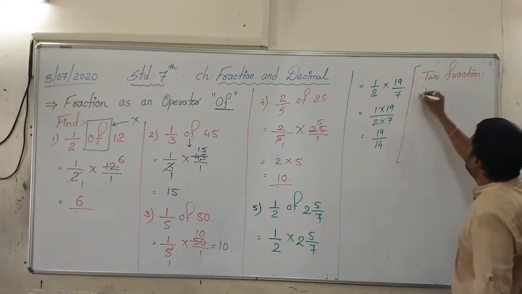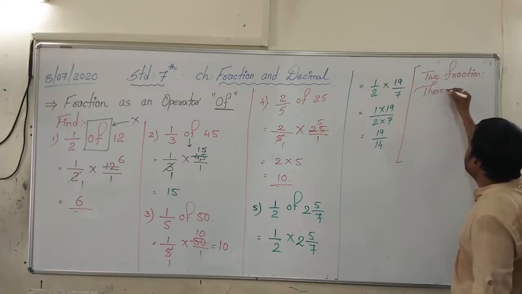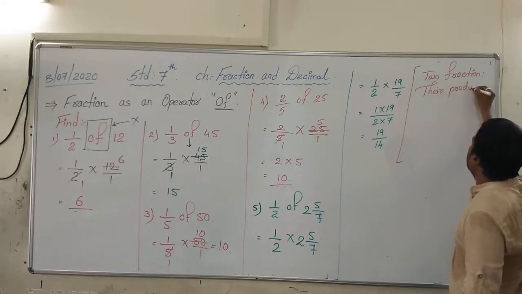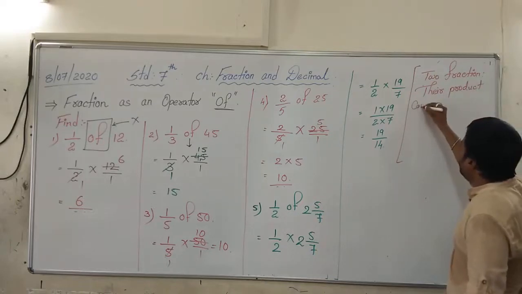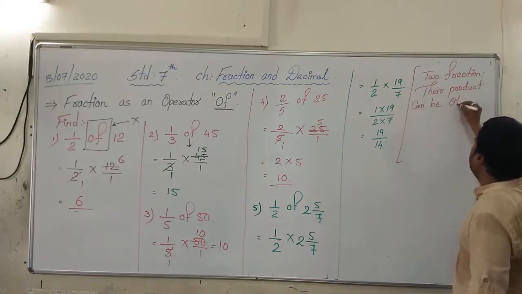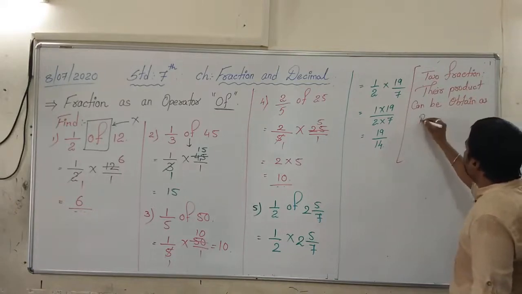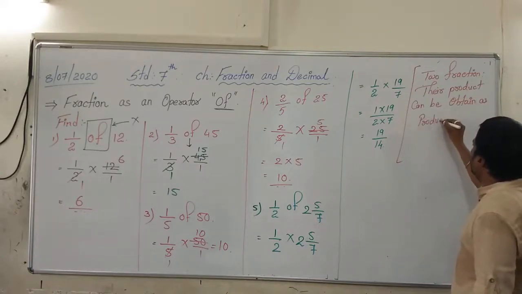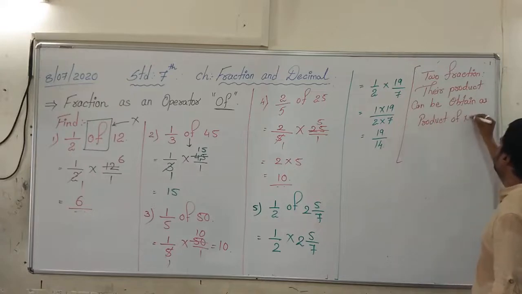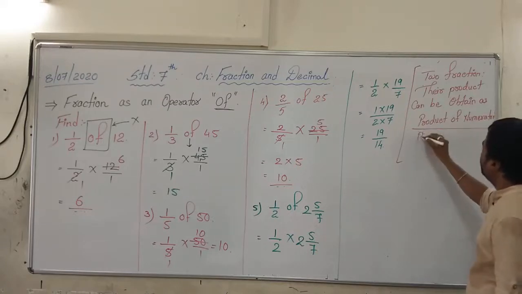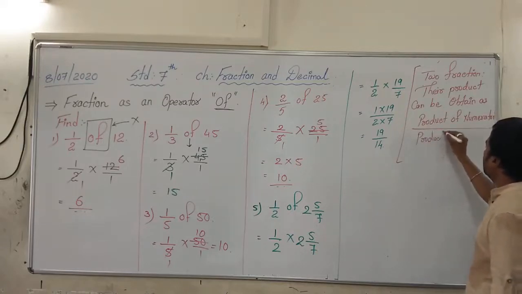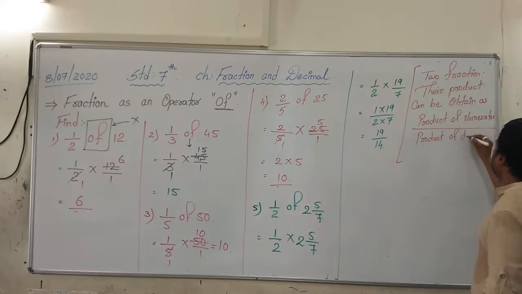So their product can be obtained as product of numerator upon product of denominator.